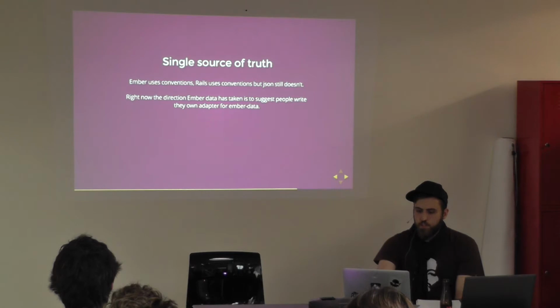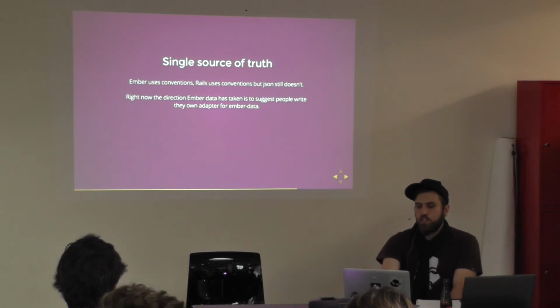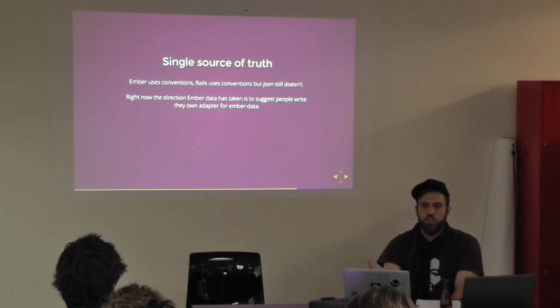But right now, the direction Ember Data has taken is to suggest people write their own adapter. So whatever your backend is, whatever your JSON API is, you will be able to extend the default adapter in Ember to match, so that you can transform the data that you get from any API to your Ember app, and the sync will happen automatically afterwards.